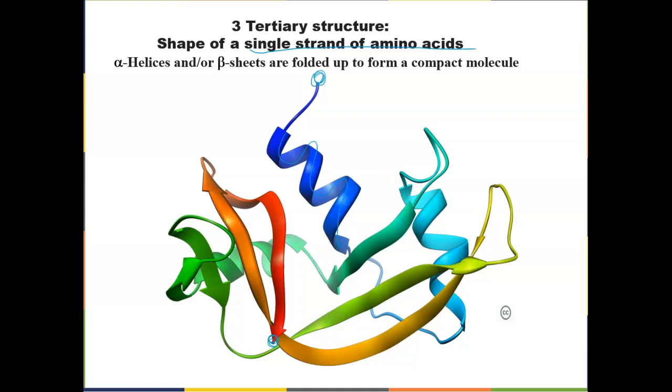structure. This arrow is supposed to be a beta pleated sheet. So you have a couple of beta pleated sheets and a couple of alpha helixes. That's the secondary structure. All of that is combined with these parts here called random coil, where they don't have a set structure. But that final shape then is called the tertiary structure.